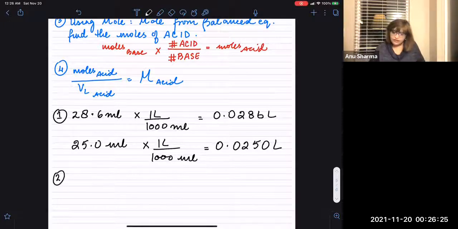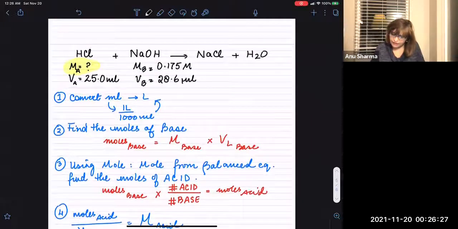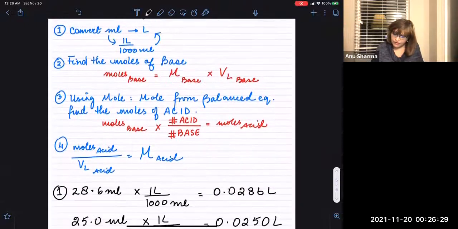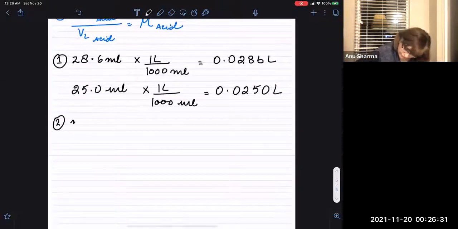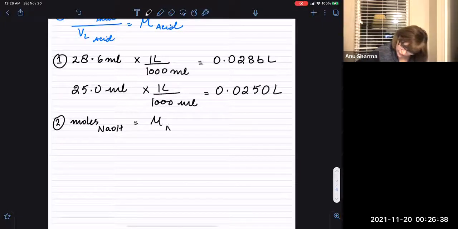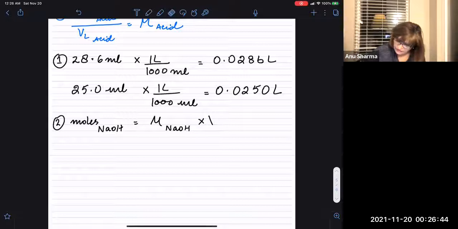Second, next is you are given 0.175 molar. So the moles of the base, here you have NaOH, is equal to molarity of NaOH times the volume in liters of NaOH.